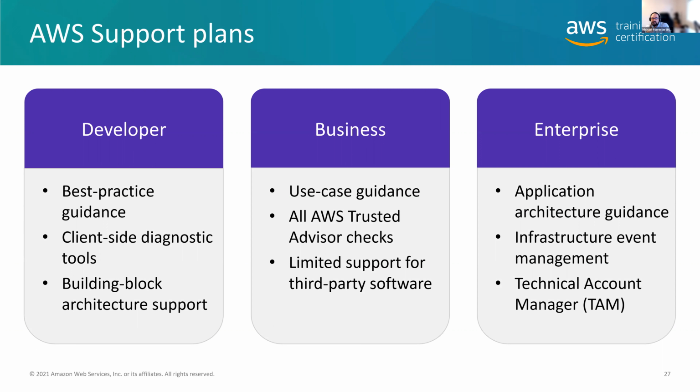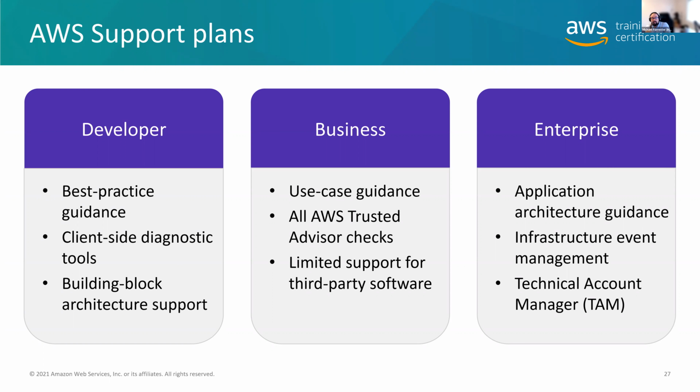If you're willing to pay like $10,000 a month, I think you get business, and I think enterprise is 15,000. Don't quote me on any of that, by the way. It changes all the time. Developer will get you no Trusted Advisor checks, and then you basically get best practice guidance and some diagnostic tools. You don't really get a whole lot for developer, but it is a support plan, right?